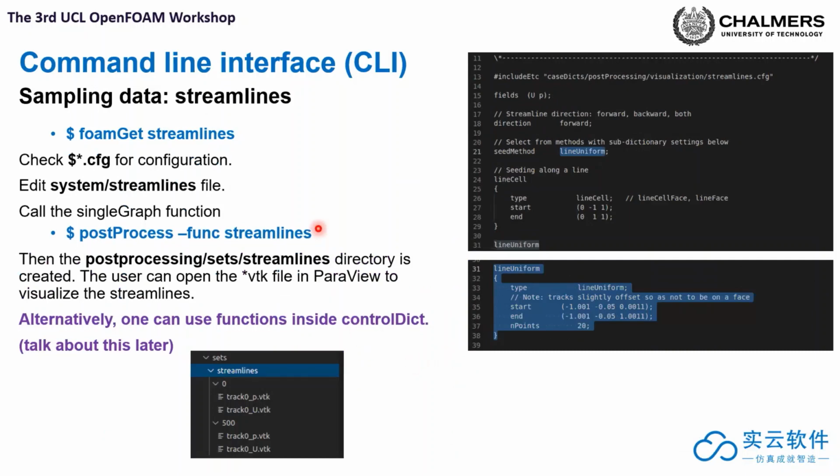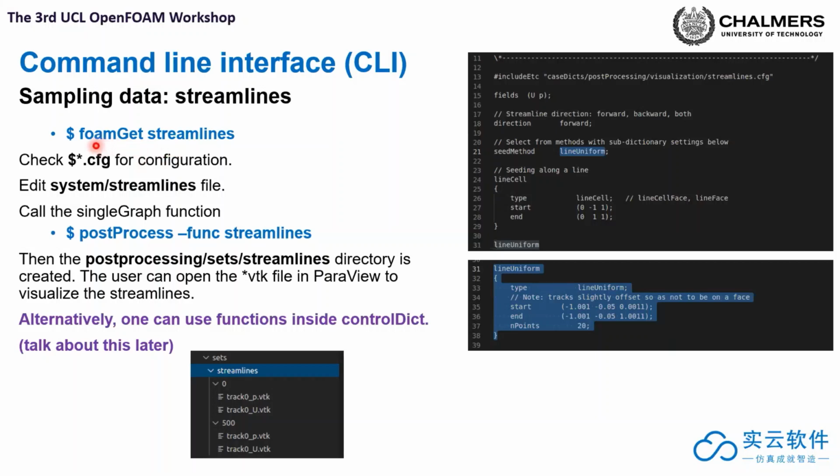So next is the streamline. In ParaView, one can also do this interactively, but when you do simulations, maybe you want to check the intermediate results and you don't want to open ParaView every time. So this is a very good way to check the results during the run. To use this one is similar to before.